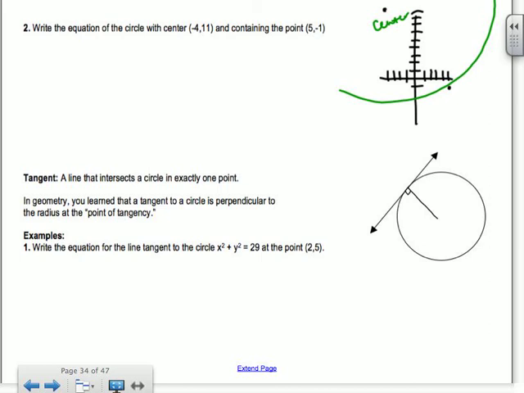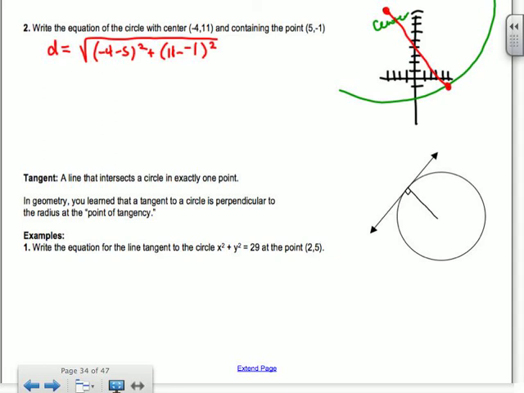What's one thing you can find right away? The radius. Your radius connects the center to that point. So that would be using the distance formula. Your distance is going to be the difference between our center and the point. So I'm going to say (-4 - 5)^2 + (11 - (-1))^2.